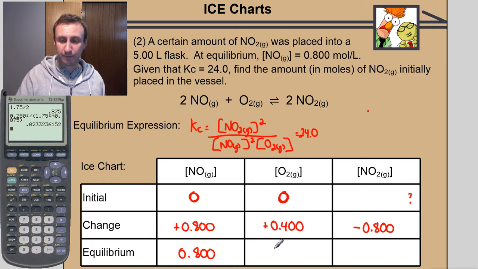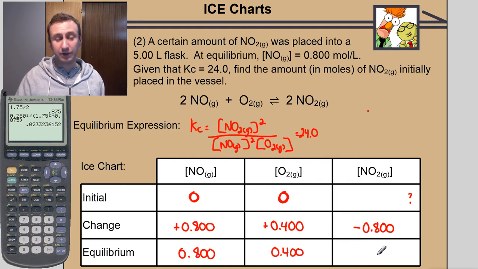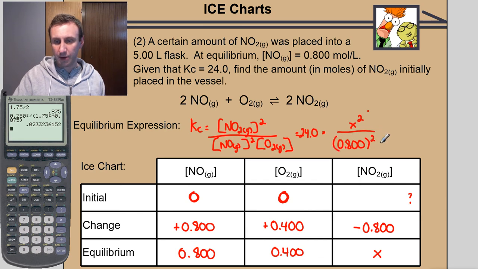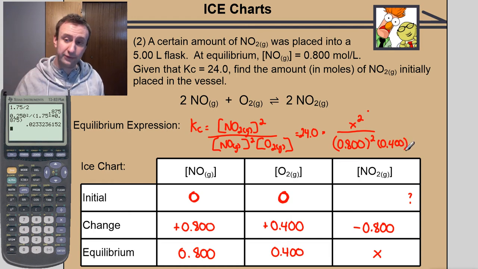I know that for O2, I have 0.400, so I've got that. That means I can actually go ahead and try to solve for this as an x. So in other words, what I have is x squared over 0.800 squared multiplied by 0.400 is equal to 24.